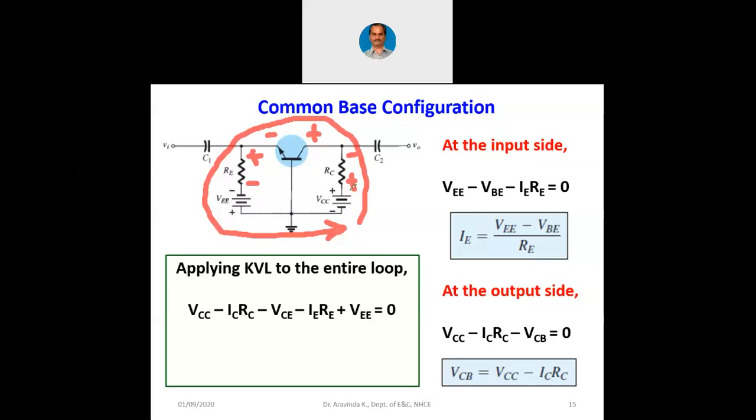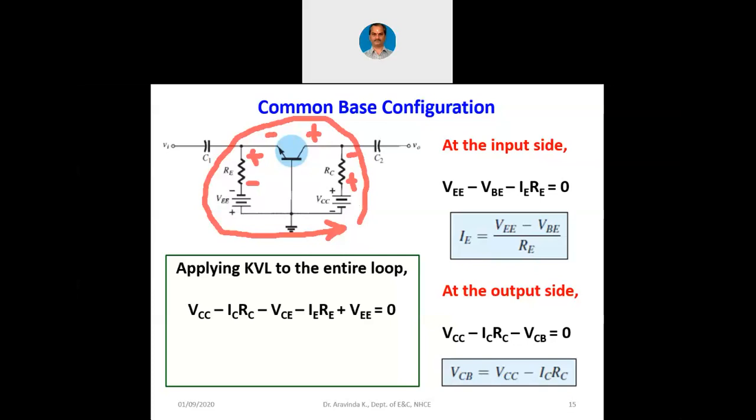So when current is going into the resistor, the entry point is written as plus and the exit point is written as minus. This is how it induces a voltage drop across the resistance, whereas in a power supply, current is going out of the plus terminal. This is how we apply Kirchhoff's voltage law.